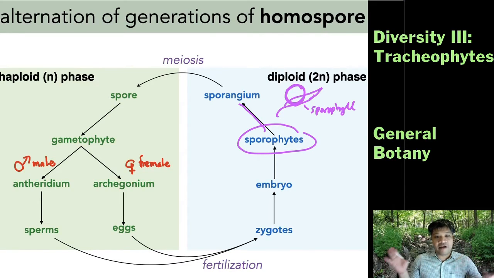This is the simplified version of a plant with homospores. They only have one size of spore, and that spore can grow into a gametophyte that produces both male and female structures on the same plant or different plants, but you can't tell ahead of time. That's what it's like to be homospore.